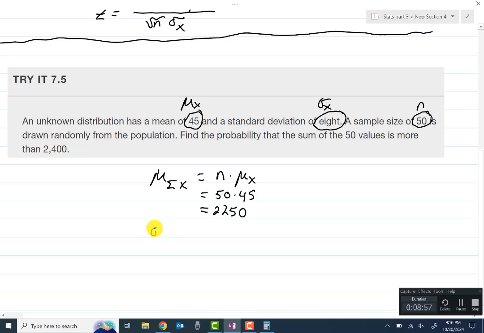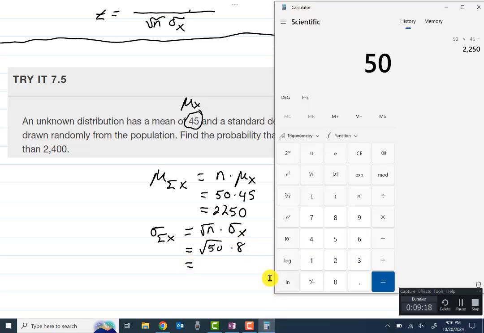And then the standard deviation: we have the square root of 50 times 8. I get 56.5685.